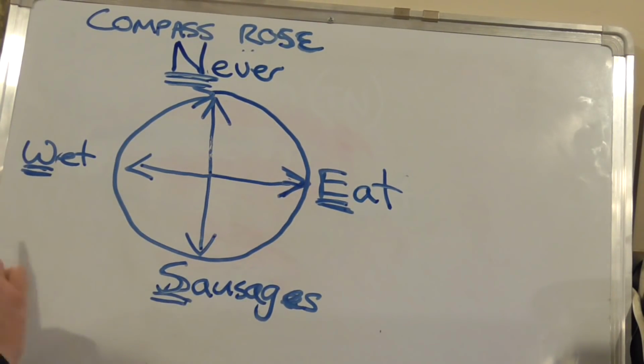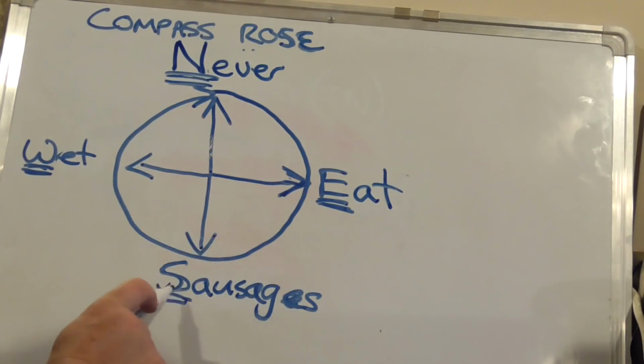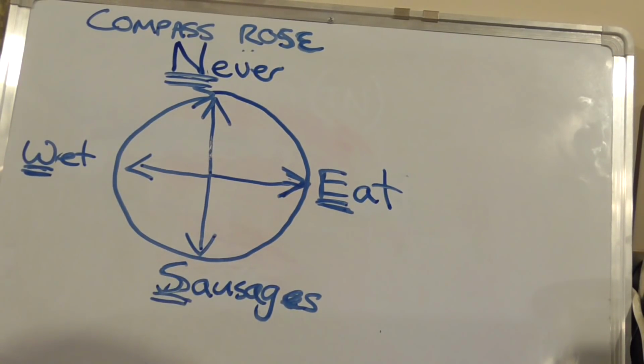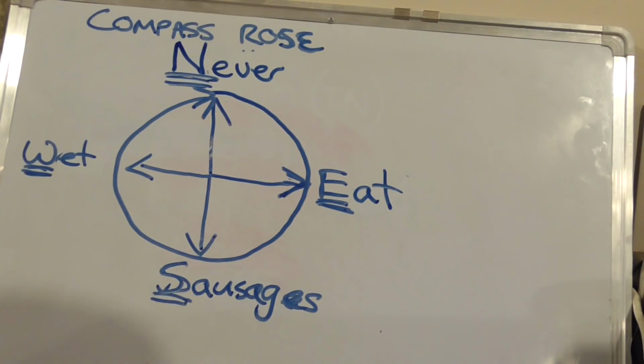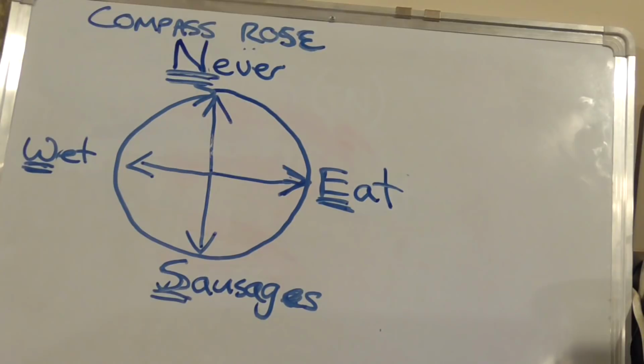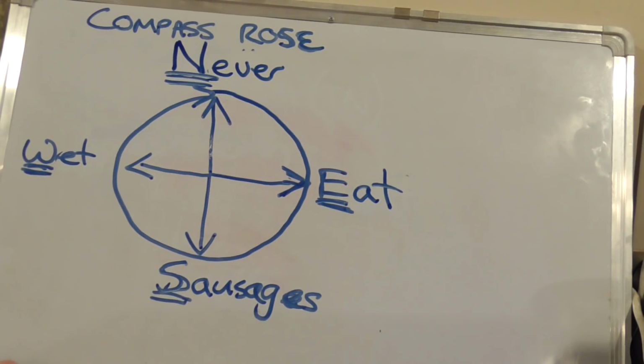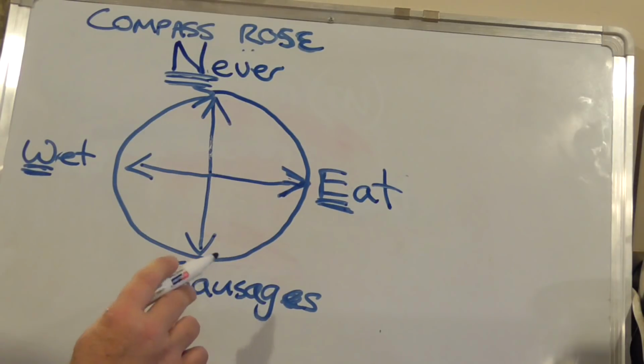Now there are other sayings that people use. Never eat soggy wheat bix is another one. I just like to use never eat sausages wet. Always cook them first. Make sure they're hot and dry, so to speak. So that's an easy way to remember the basic points on a compass.